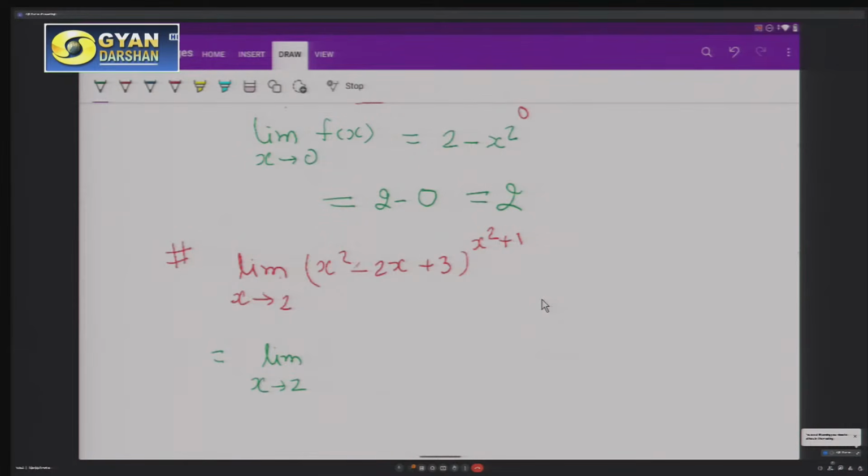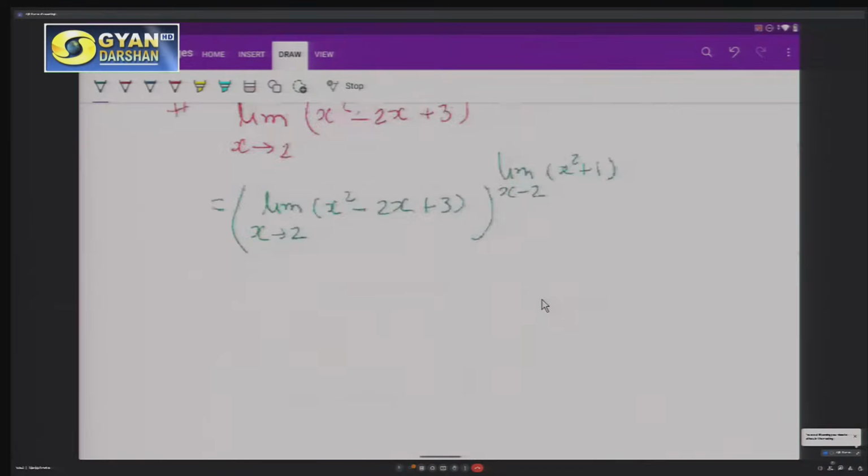So we will take it separately: the limit of x square minus 2x plus 3, and then its power will be taken separately, the limit x tends to 2 of x square plus 1.